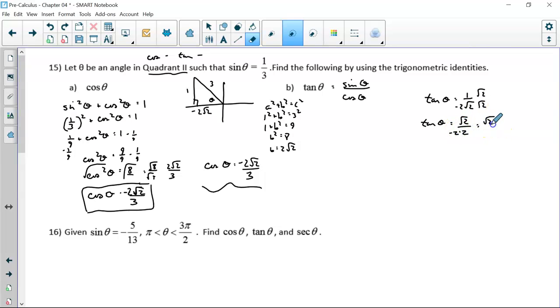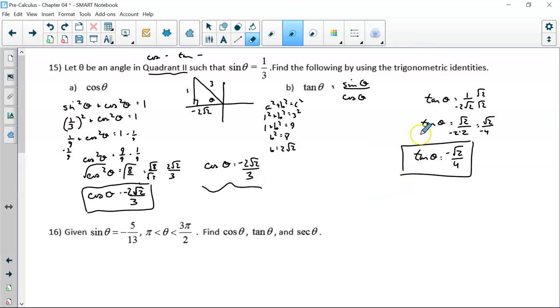So it's root 2 over negative 4, or negative root 2 over 4. That's the tangent of theta. You could do it either way. You could use the identities or draw the triangle. Honestly, most of the time, I'm going to draw the triangle.